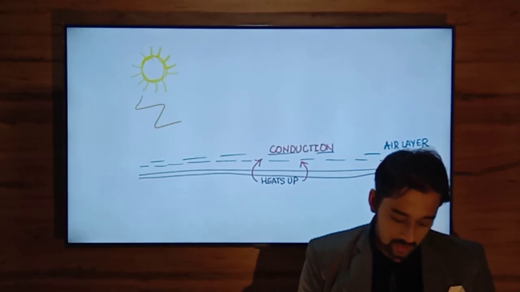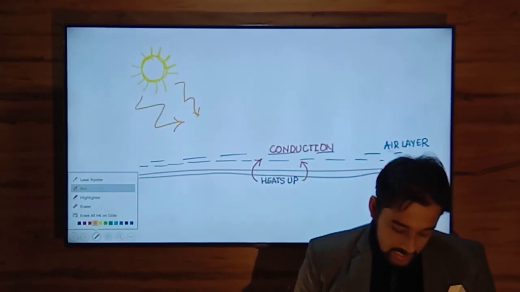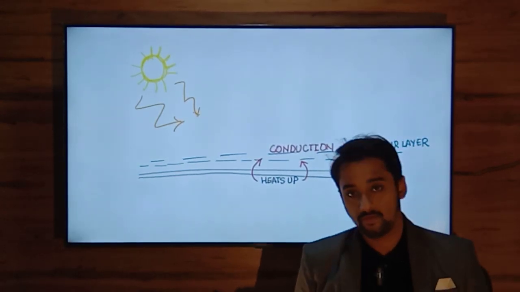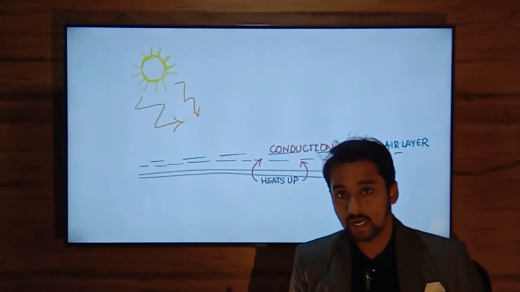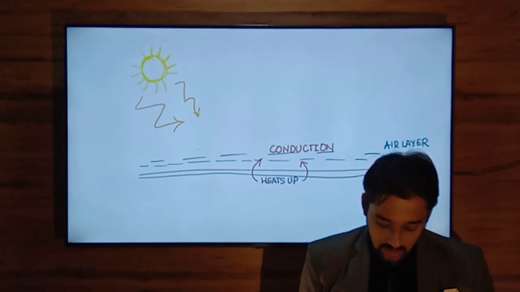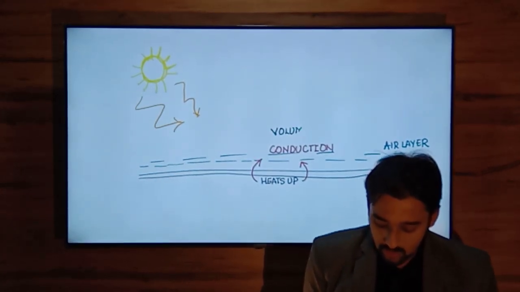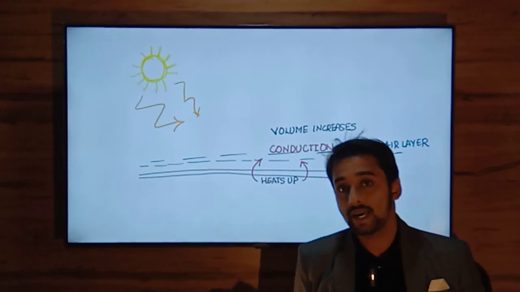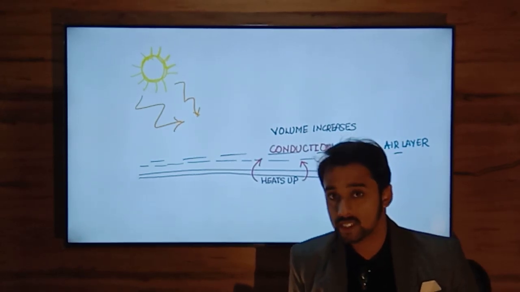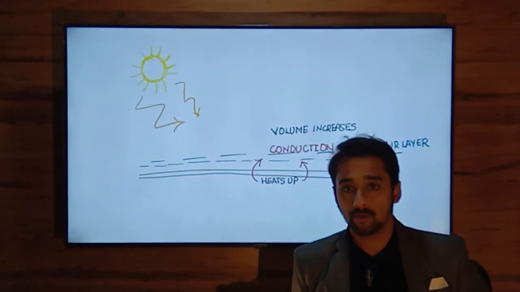Next, when this layer of air is heated up, what happens to it? Its volume increases. Volume and density are inversely proportional to each other, since density equals mass upon volume.